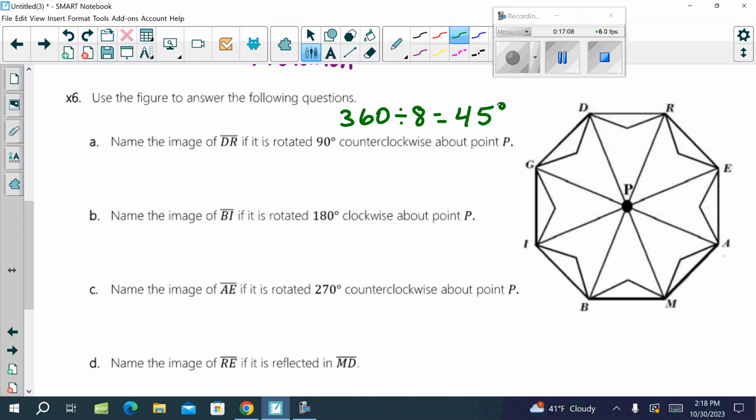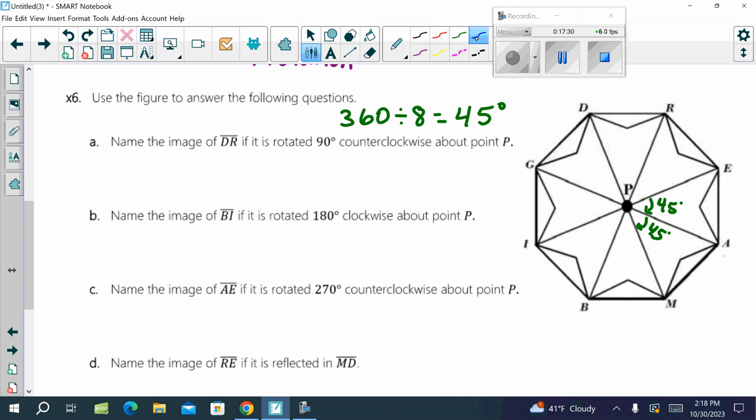Okay, so that means each turn is 45 degrees. Does that make sense? Each turn is going to be 45 degrees for it to look like itself. Okay? All right, now we can figure out the questions.